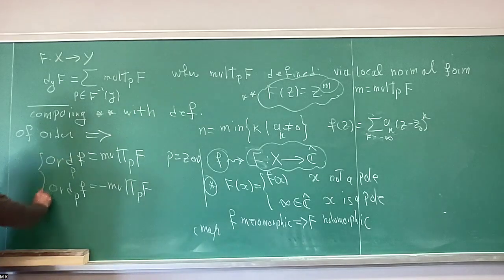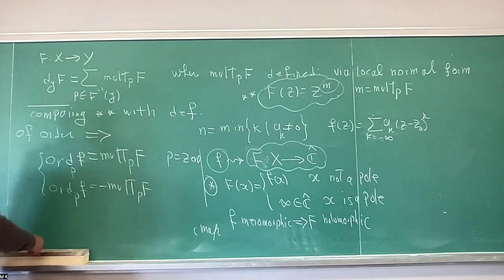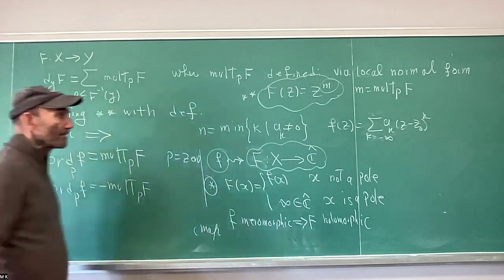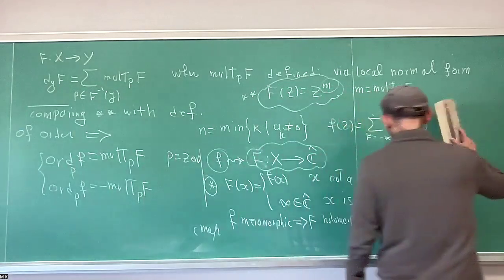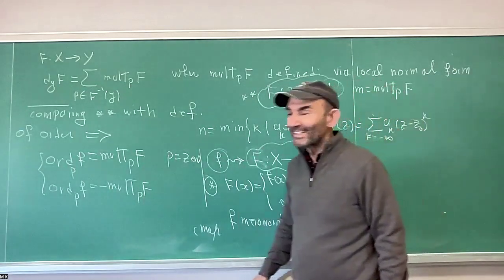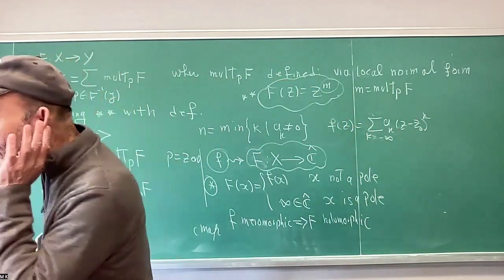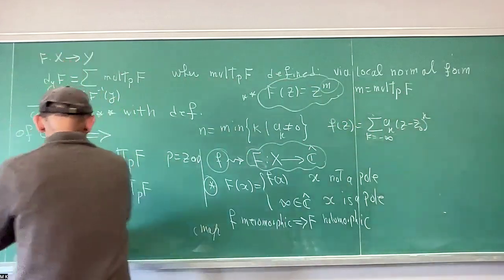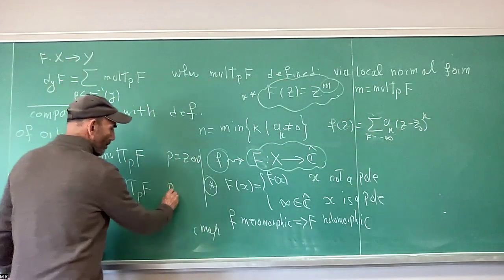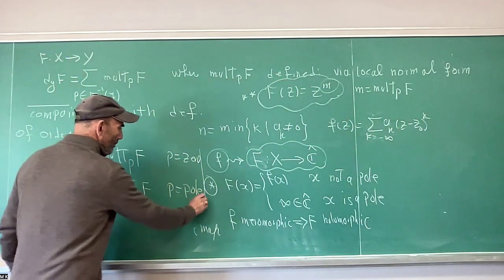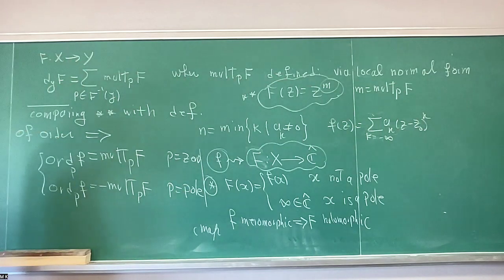So now we are going to use the theorem that we proved. Let me recall the theorem. What if it's a zero? What if the order is just zero?